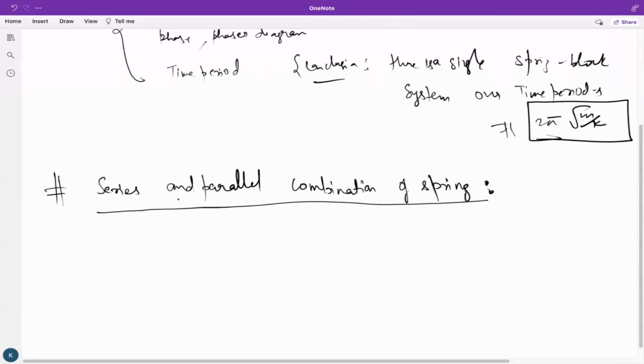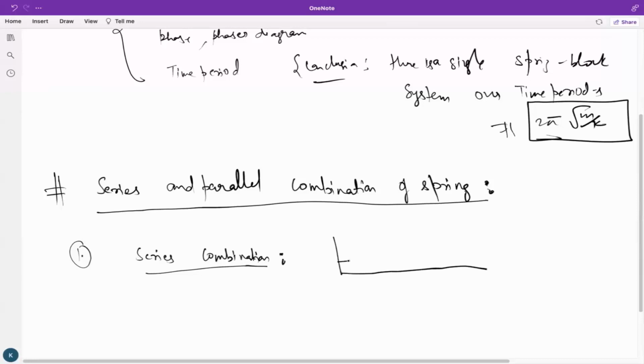You can take any number of springs, but here I am just taking two springs in series, and I am going to derive it for n springs. So first, the series combination. What is a series combination? Let me draw it here.